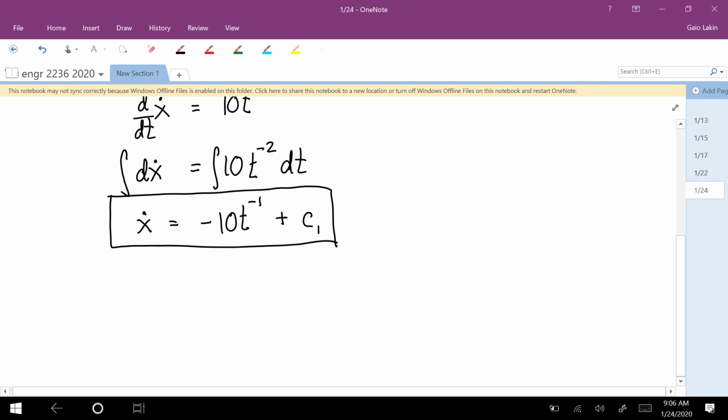And now we'll use separation of variables again. dx dt is equal to negative 10t to the minus 1 plus c1.